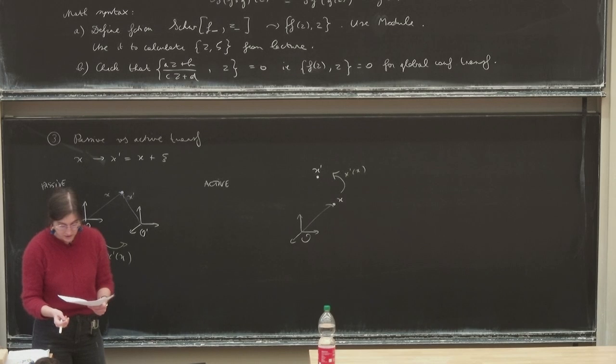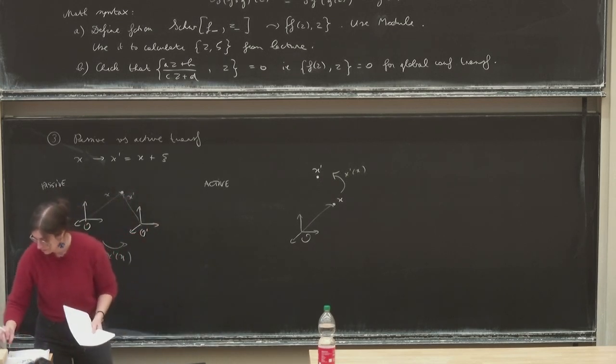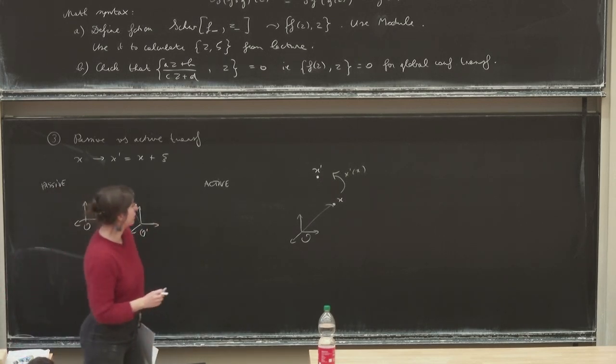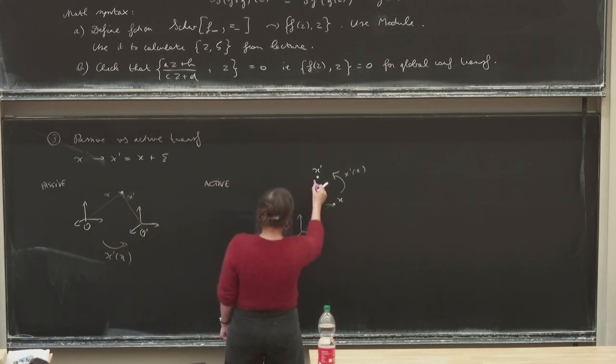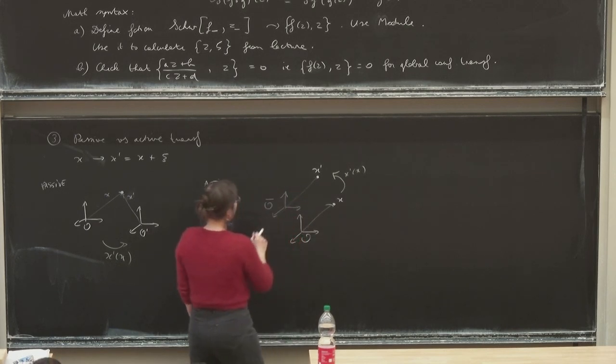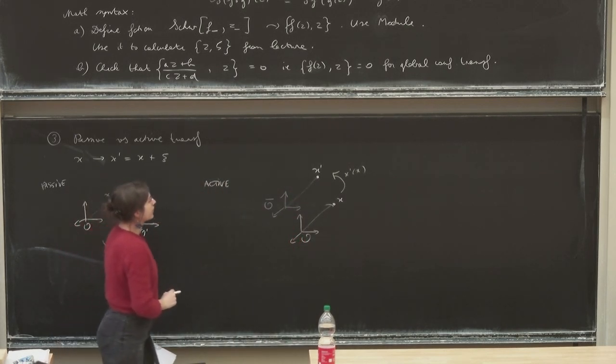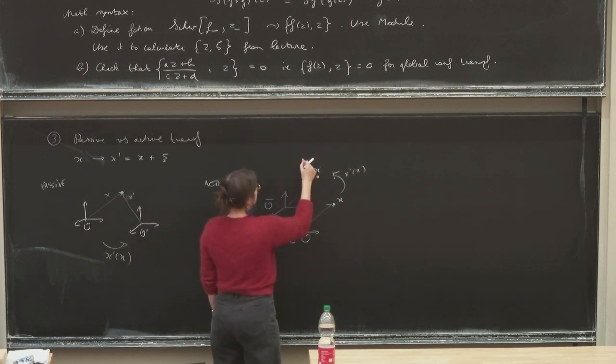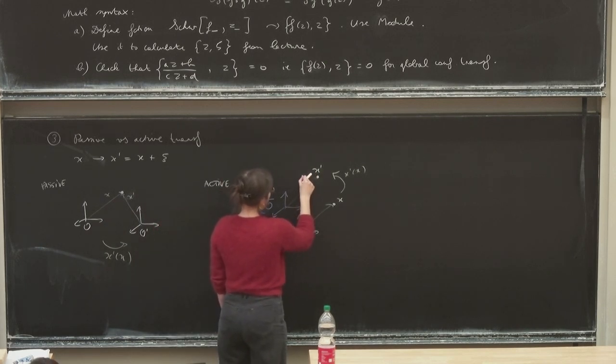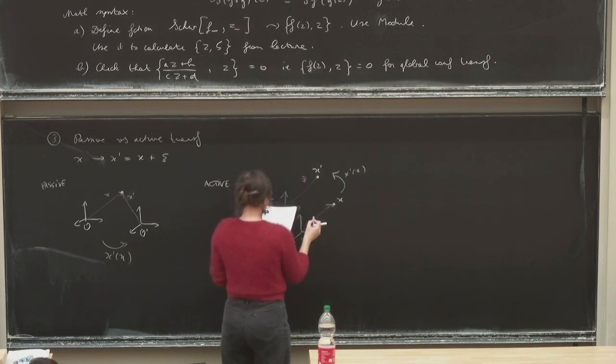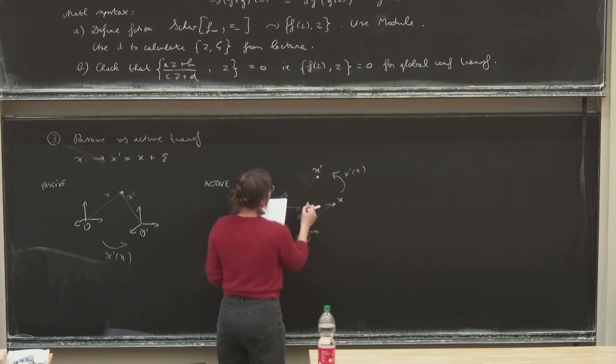But then, subsequently, you find another frame. So let's call it O bar, who measures this point to be at X prime barred.